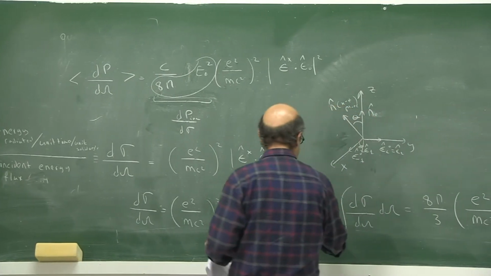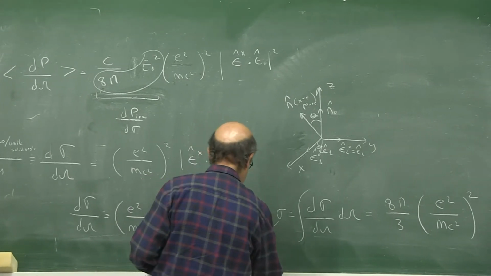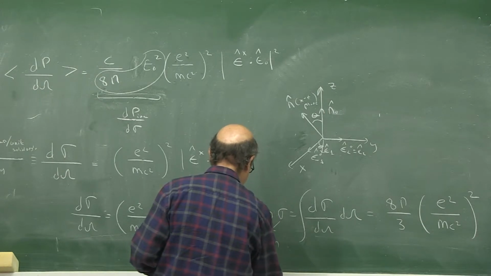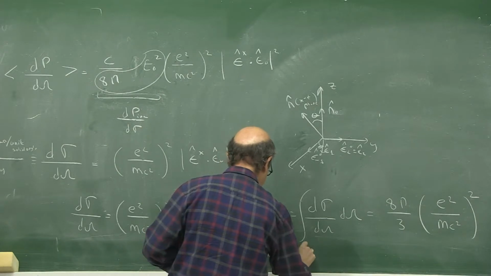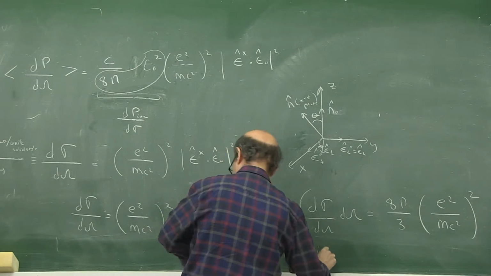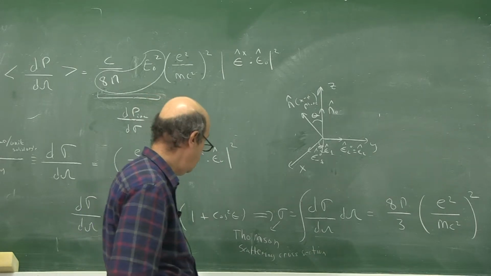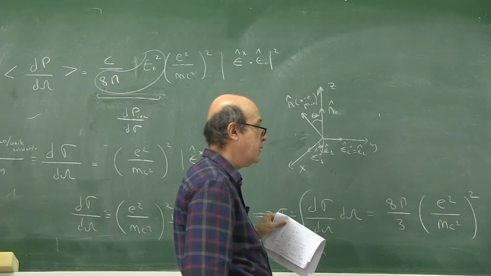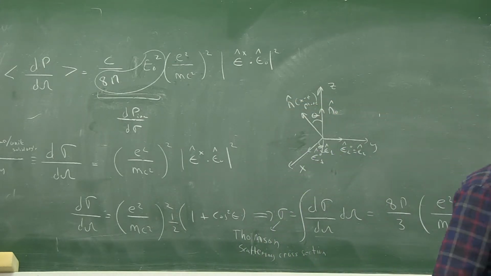This is called the Thomson scattering cross section, and it plays a very important role in radiation transfer of the cosmic background photons, making lots of scatterings in space, in galaxies, and so on.